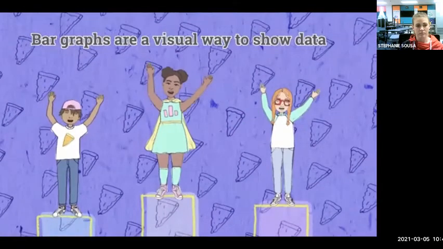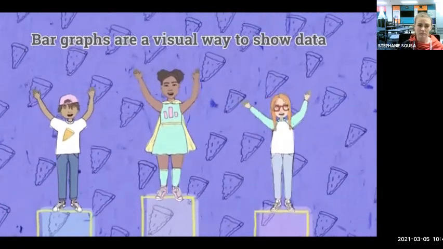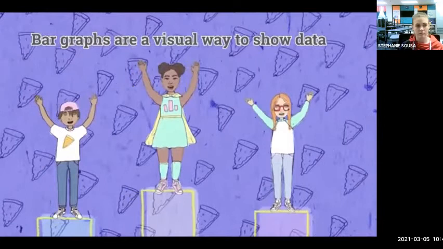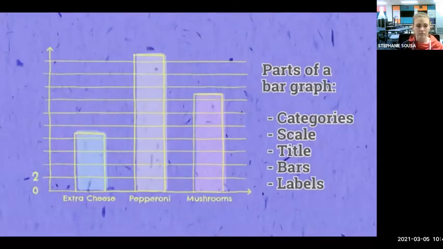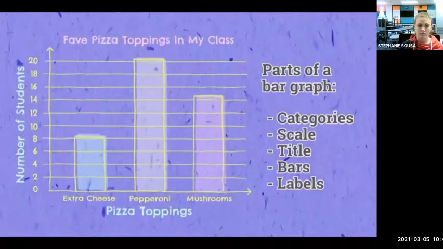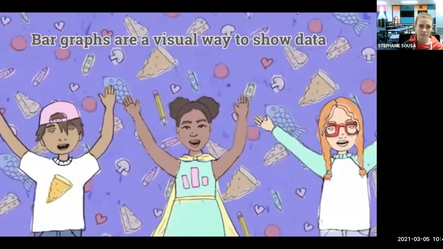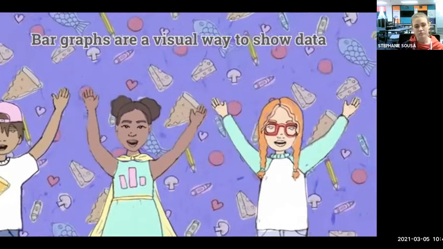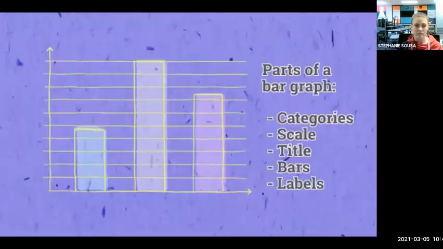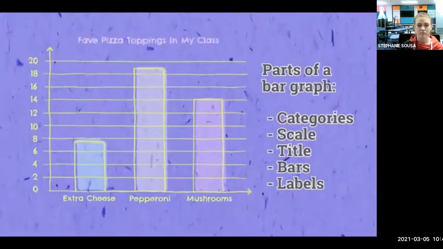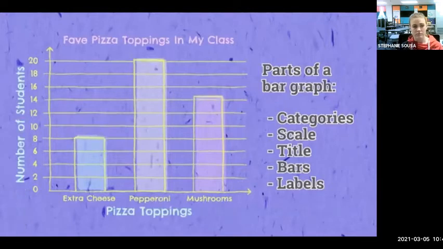Now you know. Bar graphs are a visual way to show data. Parts of a bar graph, categories, the scale, title, bars, and the labels.